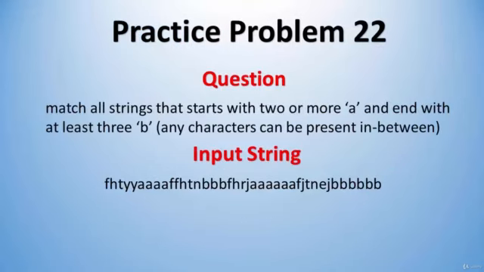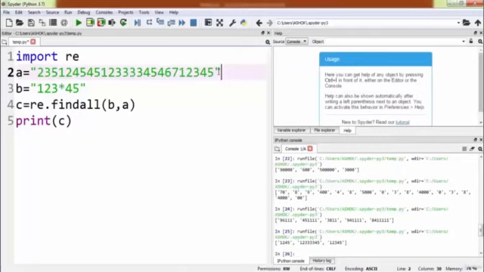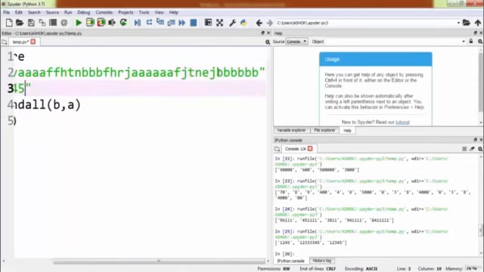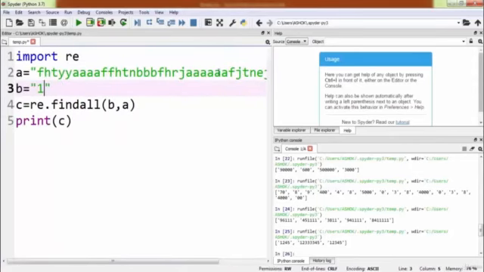The next question is we must find all the strings which start with 2 or more A's and end with at least 3 B's. So the pattern is it should start with 2 or more A's.